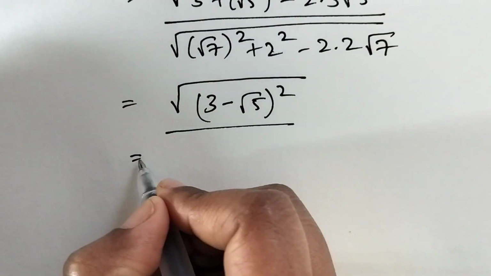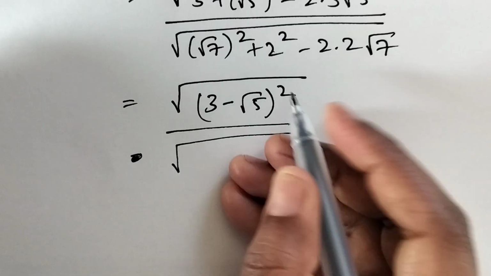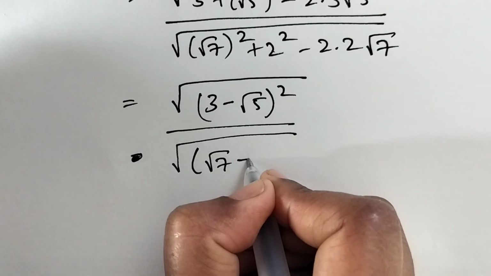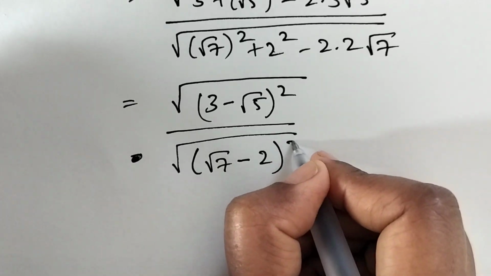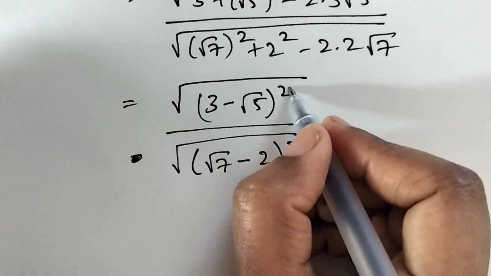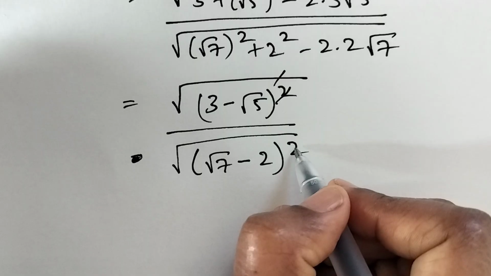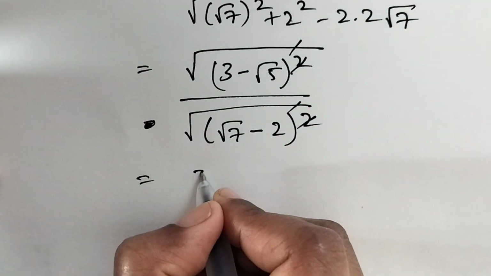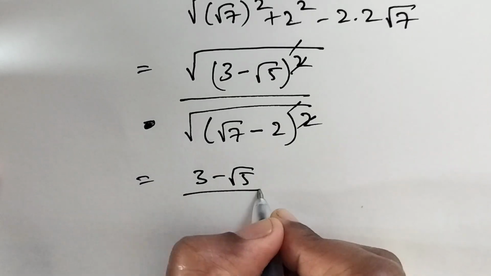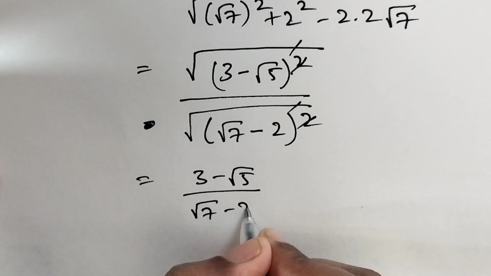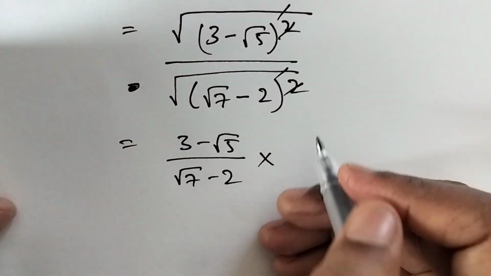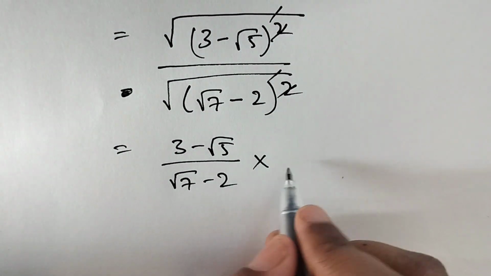In the denominator, the a value is the square root of 7 and the b value is 2, minus 2, whole square. So the square roots get cancelled, and now we have 3 minus the square root of 5, divided by the square root of 7 minus 2. Now we have to rationalize.